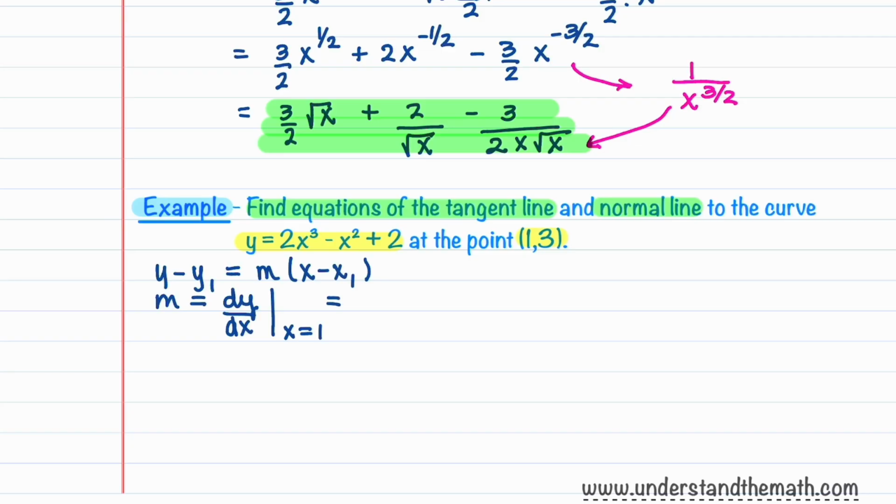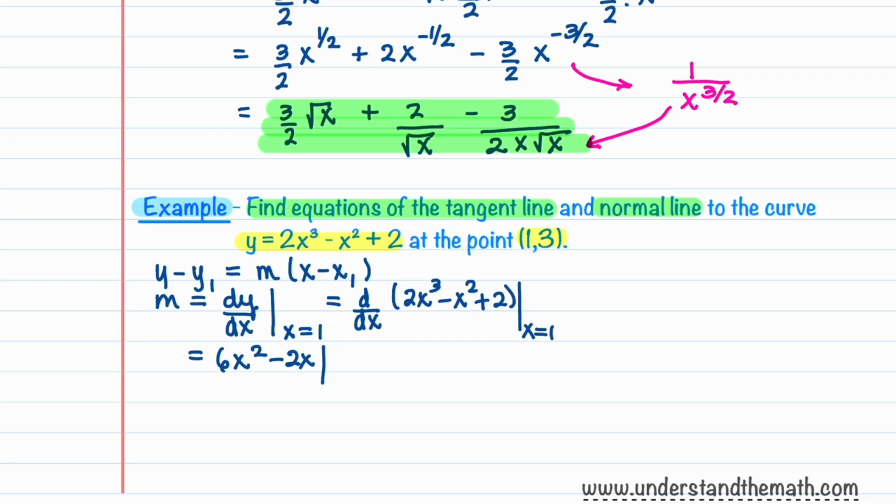Let's write down what our derivative is. That is going to be the derivative with respect to x of 2x cubed minus x squared plus 2 evaluated at the point x is equal to 1. This is equal to 6x squared minus 2x, and then the derivative of 2 is 0.